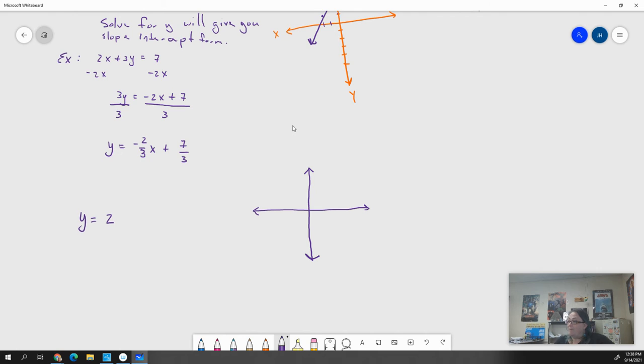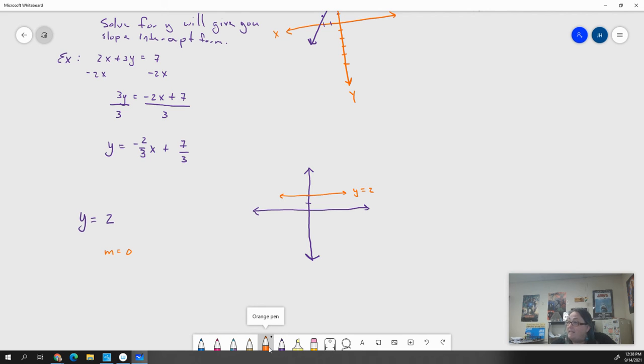So if I have y equals 2, here at 2, I'm going to have just a straight line that goes right across, right? This would be the graph of y equals 2. Because in this case, our slope is 0. Y equals 2 means that m, or our slope, equals 0.